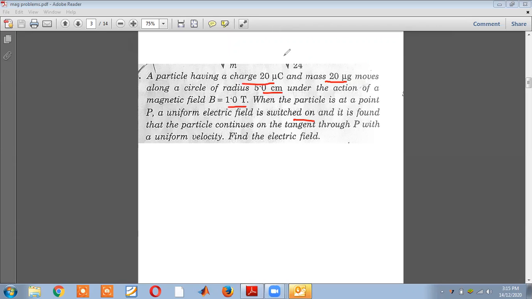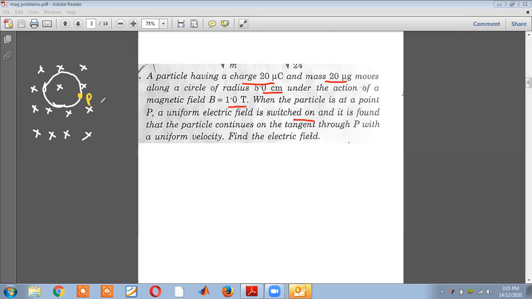So what they are saying is, let's say we have a uniform magnetic field going constantly inside the board, and a charged particle enters this field perpendicular to it and takes a circular turn of the radius given here. The particle might be anywhere, let us assume the particle is here.